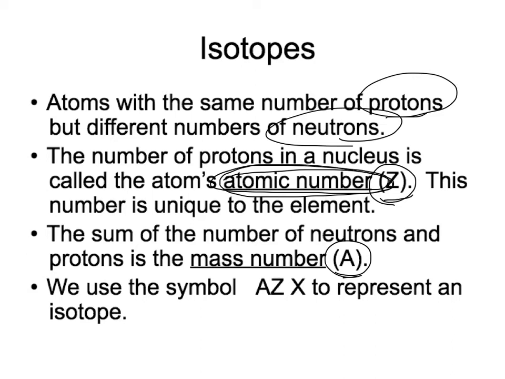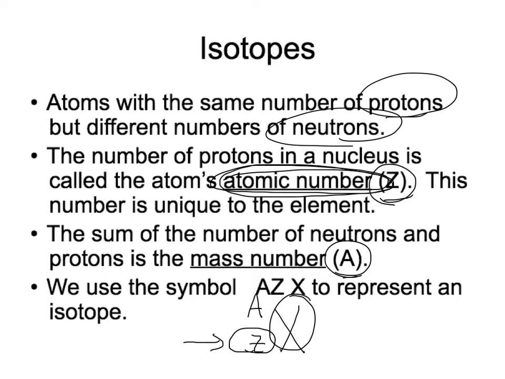Okay, we use the symbol, and this did not come across when this got loaded, so let me go ahead and write it out like this, to represent an isotope. So we put the symbol here, whatever the symbol is on the periodic table, copper, Cu, carbon, C. The Z is its atomic number. Of course, we put that as a subscript.